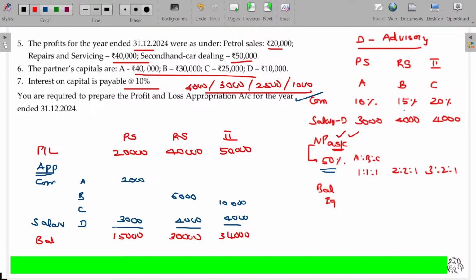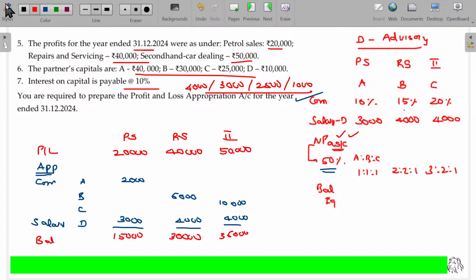Is that okay? Clear? So there is no fixed format here.